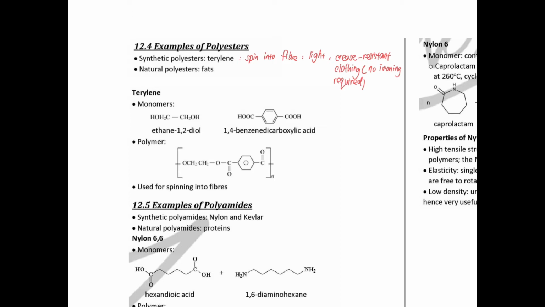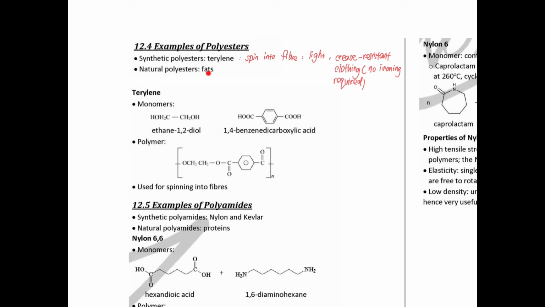And next point, natural polyester. Natural polyester, we have fat. So this is more to biology, where if you learn biology, you have to know fat is formed by fatty acid, which is carboxylic acid, and glycerol, which is alcohol.